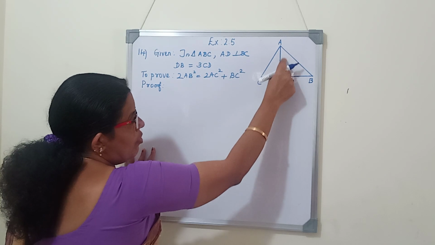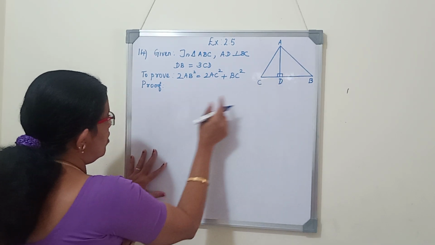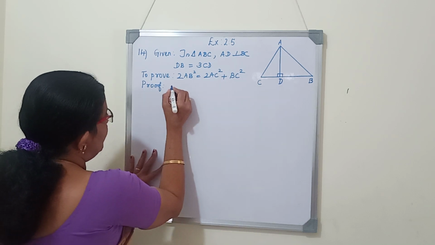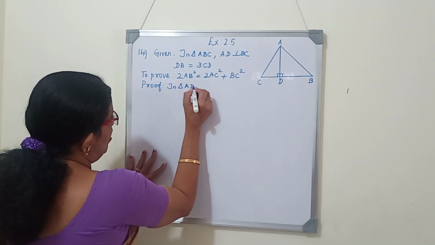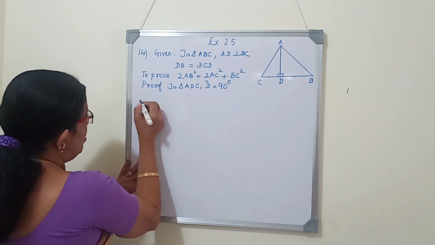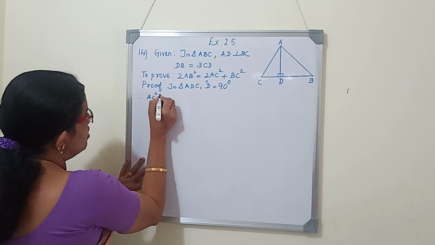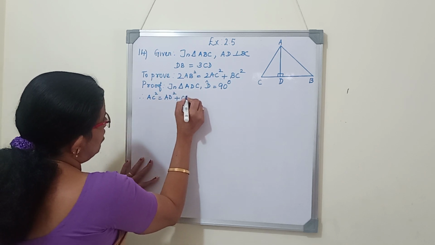So when we draw the perpendicular, we have two right angle triangles. We will apply Pythagoras theorem. In the first triangle ADC, angle D is equal to 90 degrees. Therefore, AC square equals AD square plus CD square.